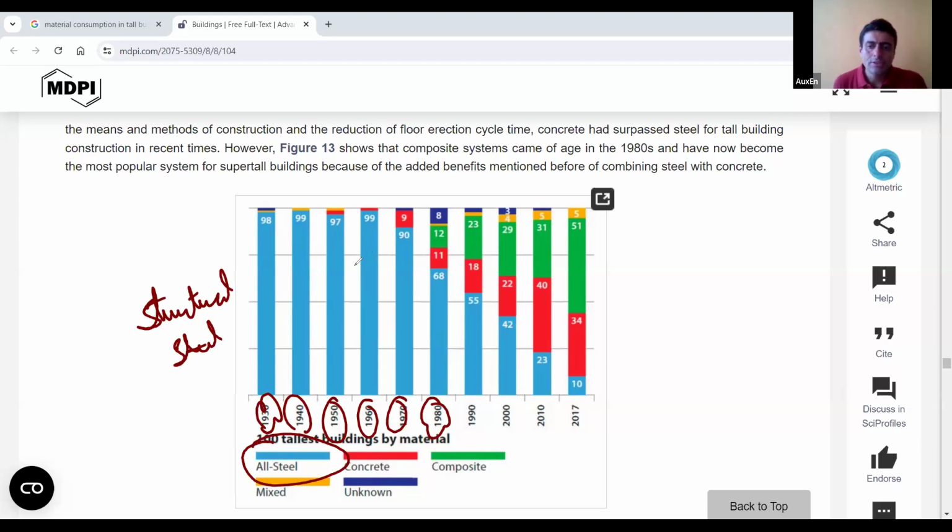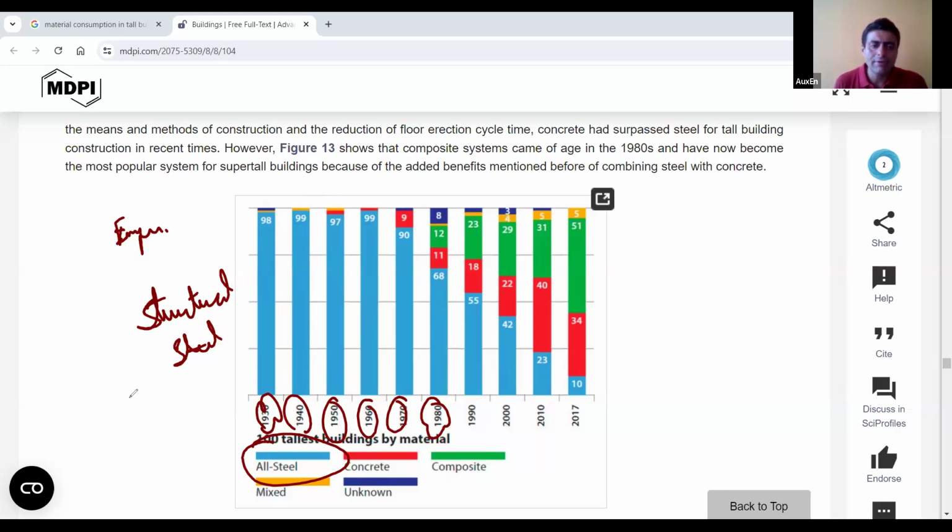So the material of choice was structural steel. If you see buildings like the Empire State Building, the World Trade Center, the John Hancock, or the Sears Tower, all these buildings constructed till 1970s were mainly built in structural steel.